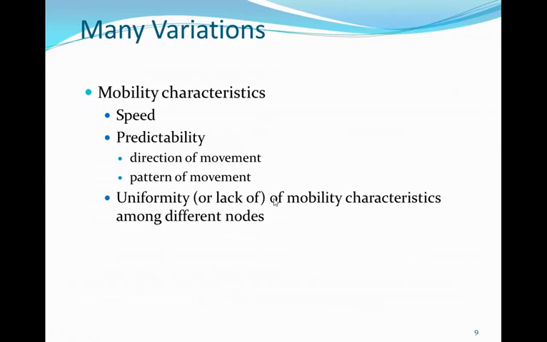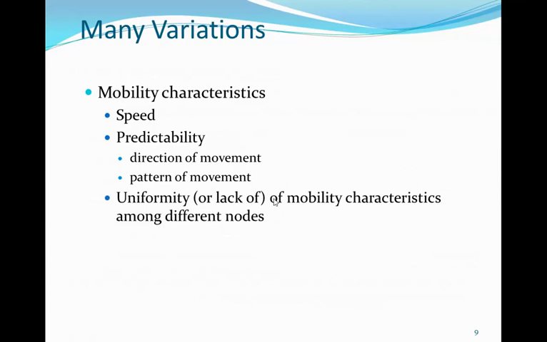Another important characteristic is the mobility pattern, what is the speed of these nodes, and then the prediction or the direction of mobility or the pattern of mobility of these nodes.